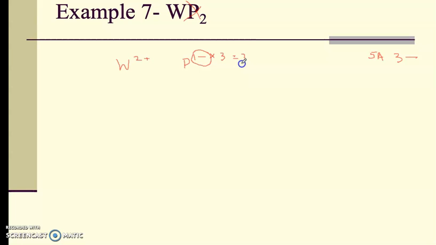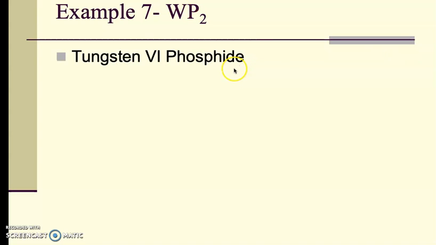It should be a 3 minus. Perfect. So that means we go to this side and we multiply this by 3, which makes it 6 plus. So it's tungsten 6 phosphide. Perfect. By checking that nonmetal's charge, tungsten 6 phosphide.